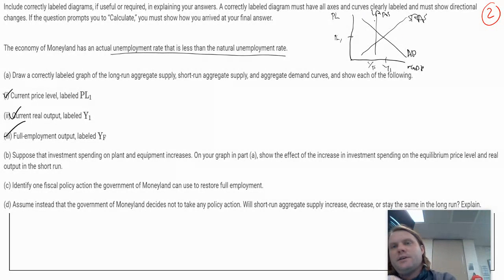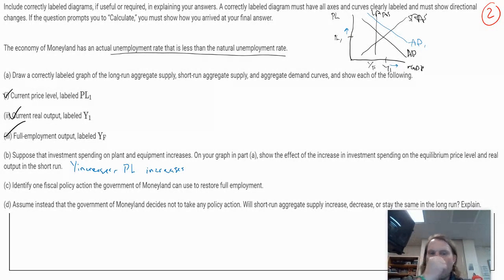Things are going to get even more inflationary, so to speak. We're going to increase our price level and our output in the short run. We can also write down Y increases, price level increases.